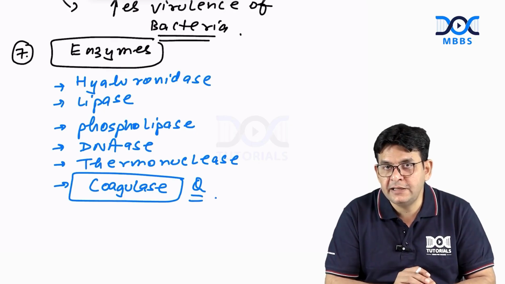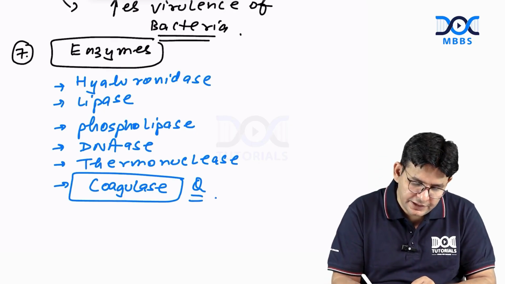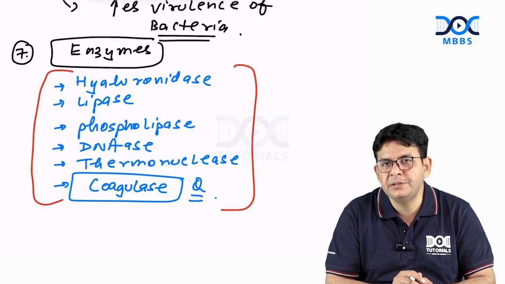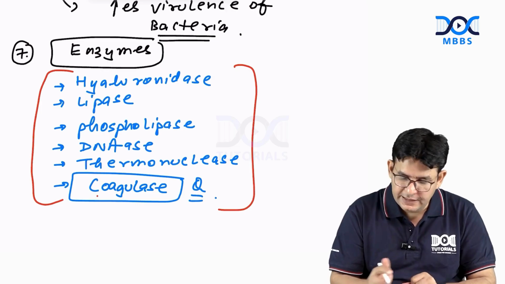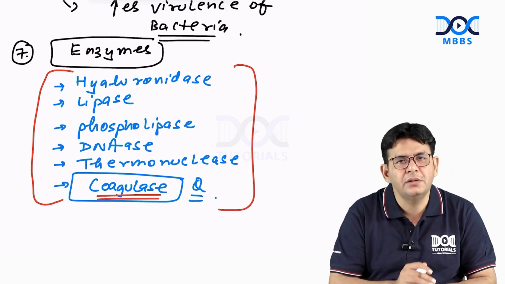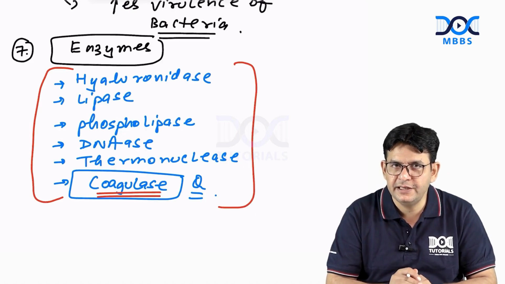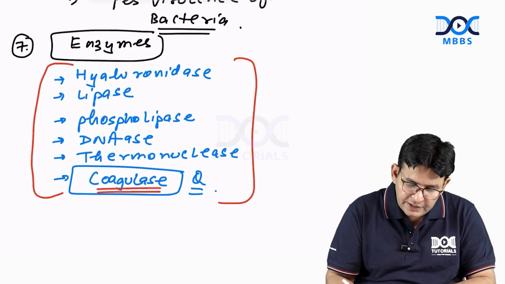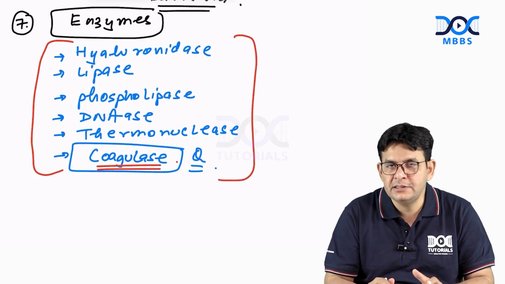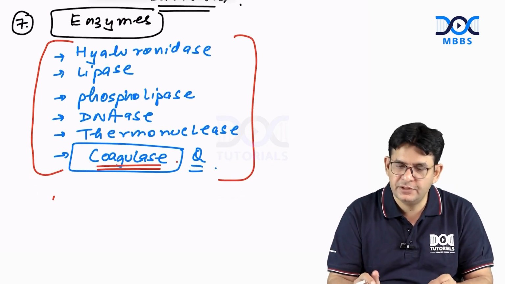These are the various enzymes of Staph aureus, and they contribute to its virulence. The main one, no doubt, is coagulase, on the basis of which we have the coagulase test. Is it fine, guys? This is the main virulence factor of Staph aureus.